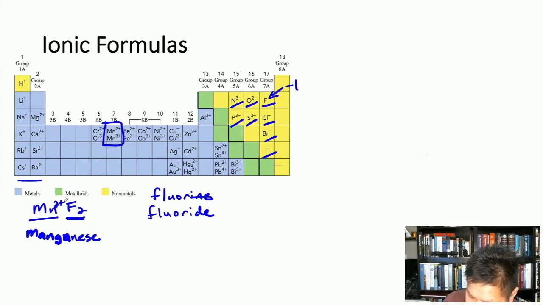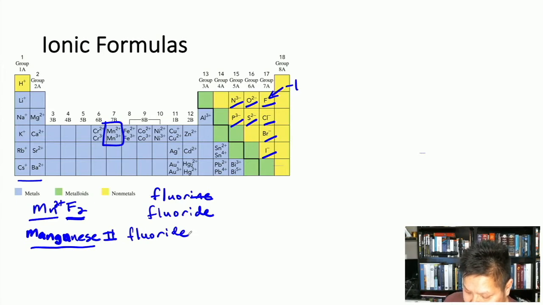And so the way I would write that is I would write out the name, the metal, manganese, and then the Roman numeral 2, and then fluoride, because I want to balance out the charges of the anion with the charges of the cation. So let's try that again with another transition metal. Iron. Iron can either be iron 2+ or iron 3+, right?